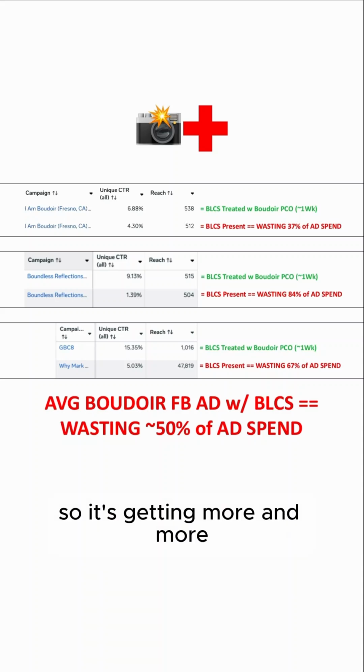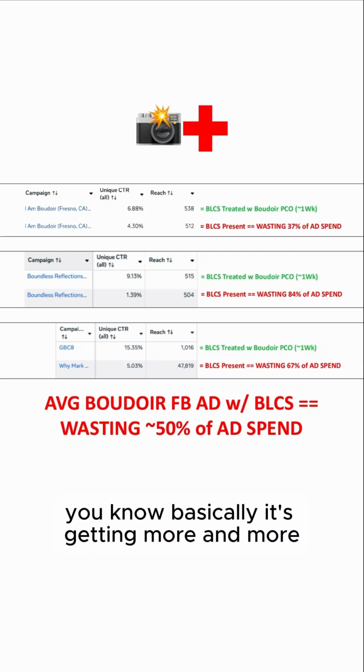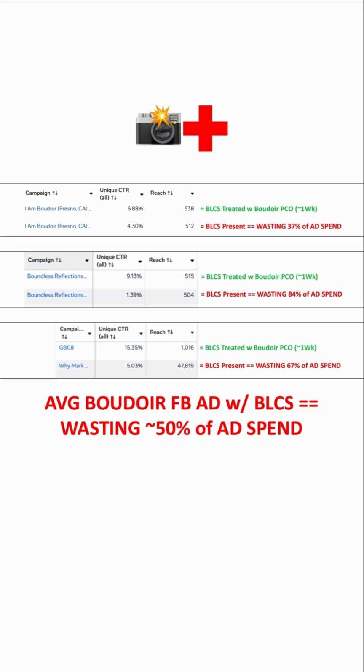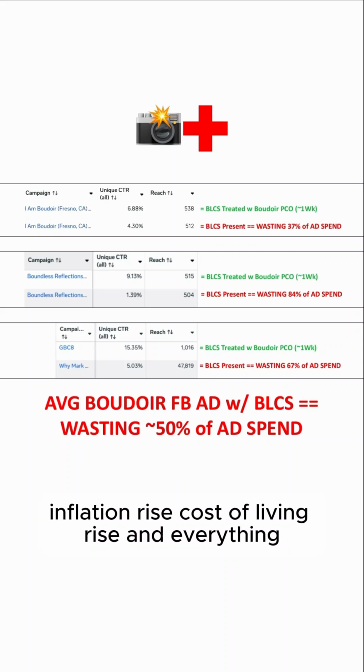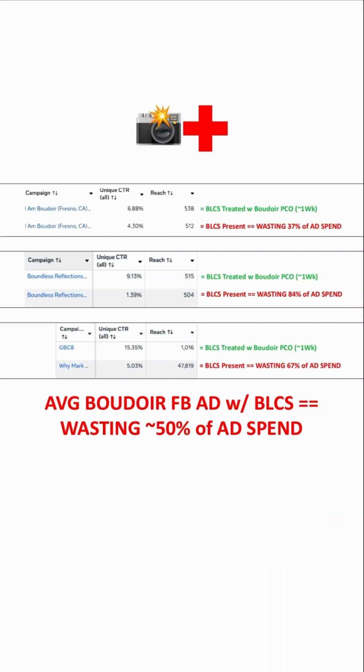So it's getting more saturated, more competitive, and you're seeing inflation rise, cost of living rise, and everything.